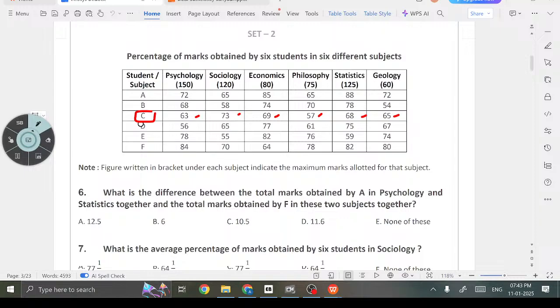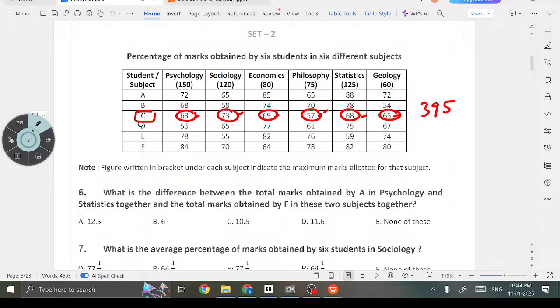So how can I get the percentage? Total marks. If I add all of them, 73 plus 57 is 120, 120 plus almost 70 is 189, 189 plus 132. If I add all of this together, I will get a total of 395.